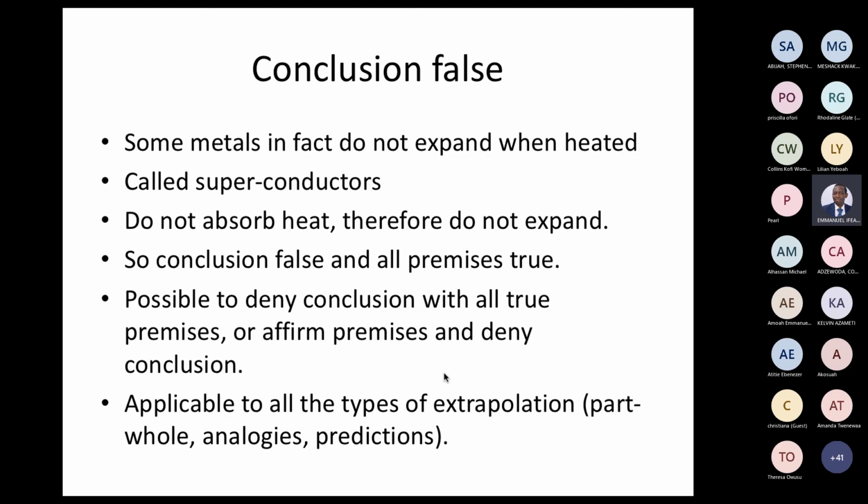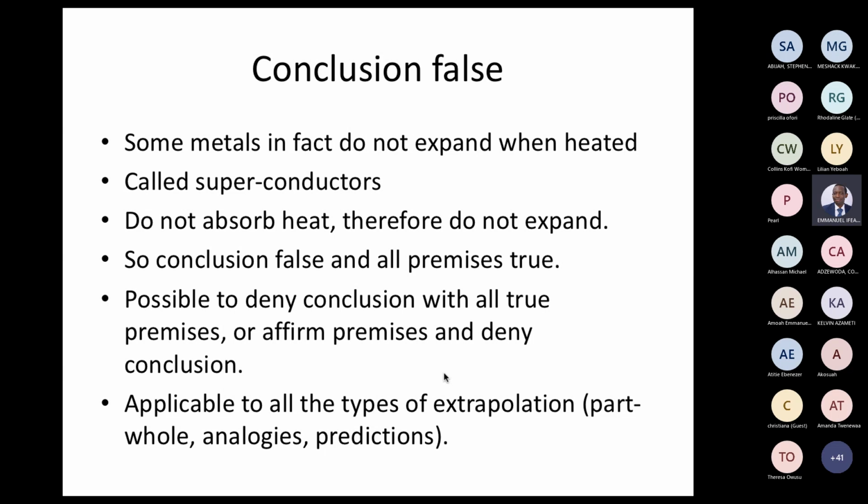And that's why we say that it is possible to deny the conclusion with all true premises, or affirm the premises and deny the conclusion. So it's only in inductive arguments that you can get true premises and a false conclusion. In deductive arguments, the premises cannot be true and the conclusion false. That's another way of identifying an inductive argument.